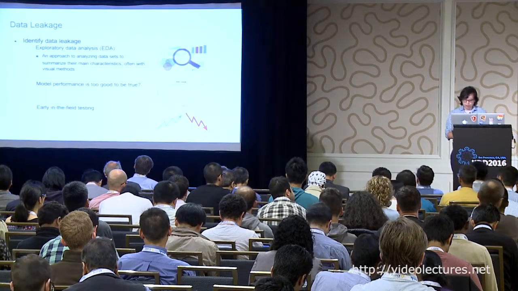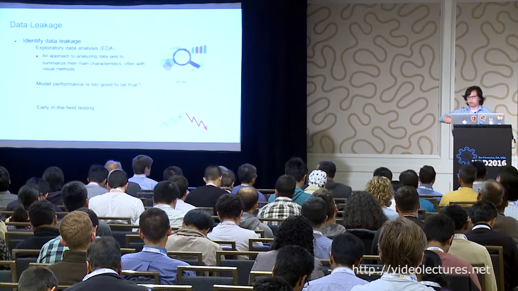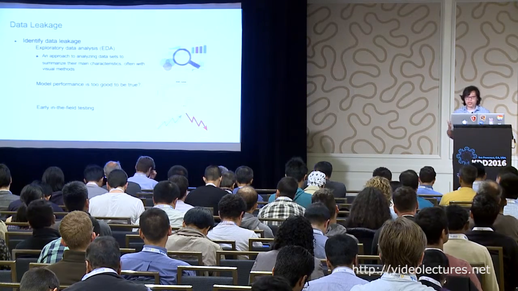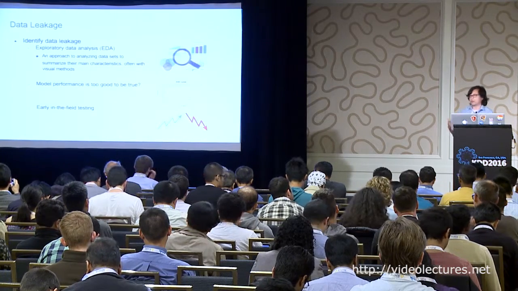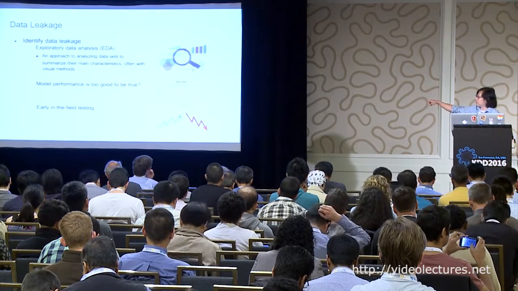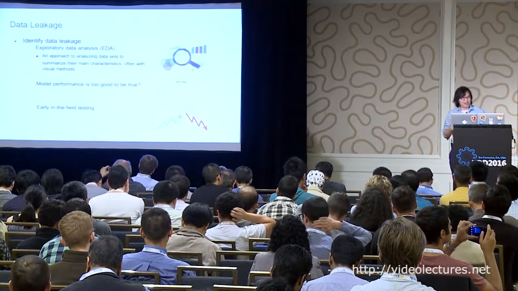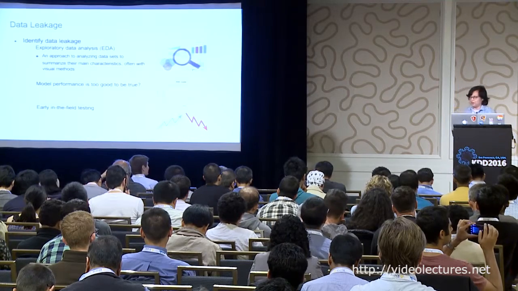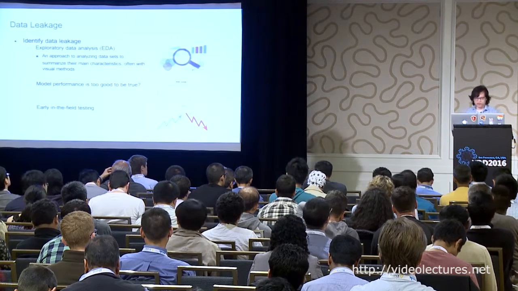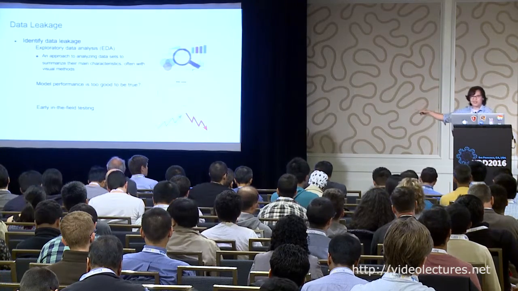Another way to identify this is to really understand the performance of your model. For example, you build a stock price prediction model, and the performance looks too good to be true. My advice is don't tell anybody. One possibility is that you really did an awesome job and you're going to make tons of money with this model.